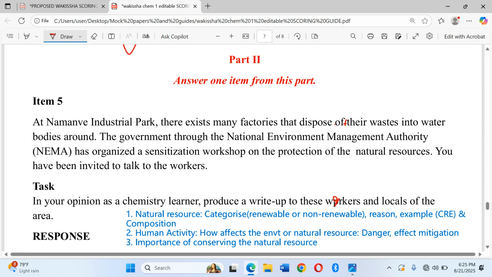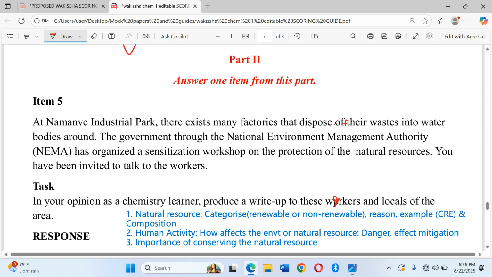So which natural resource are we talking about? The natural resource we are talking about here is water. Water is being affected. And what are they doing? There exist many factories that dispose of their wastes. So the human activity is industrialization, and we can also talk about the disposal of wastes into the water bodies. The natural resource is water.